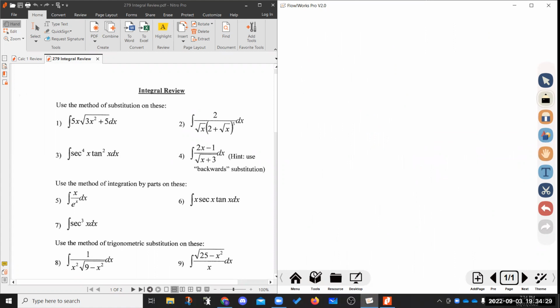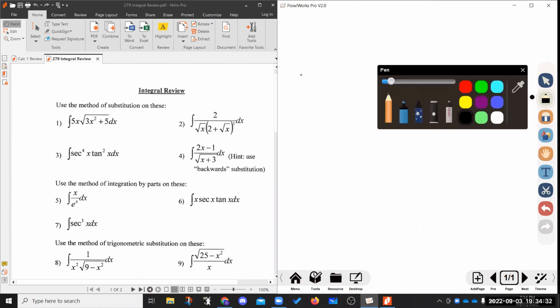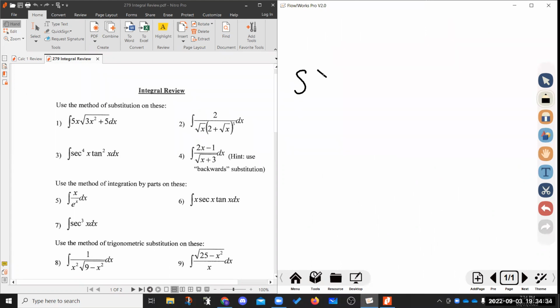All right, now we are to use integration by parts on these. Integral x over e to the x dx. Remember, with integration by parts, we want to use LIATE to help us choose u and dv.